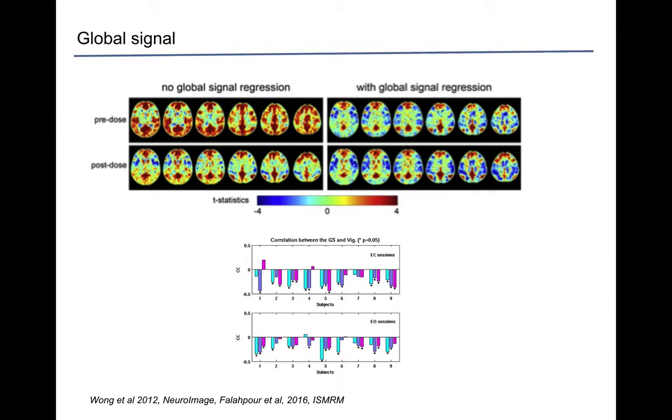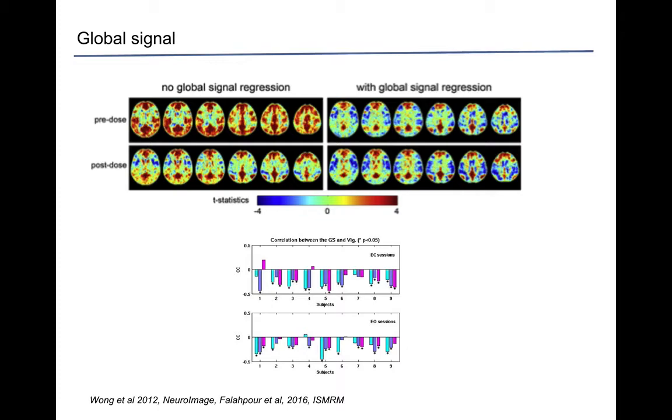It shows the correlation between the global signal and the EEG vigilance, which was found to be relatively robust, and across different sessions and different subjects, it was shown to be negatively correlated.